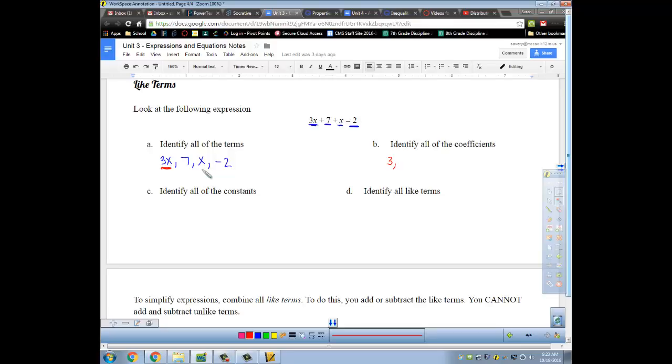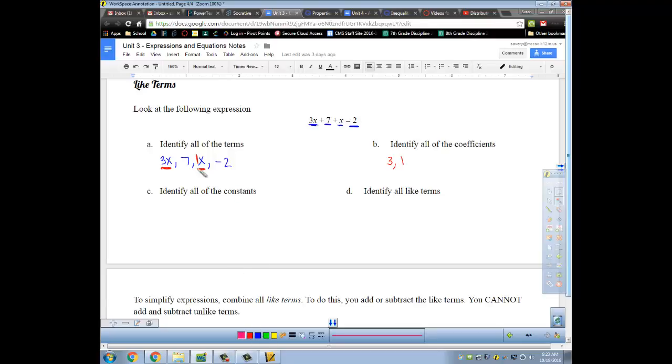And I have a variable right here. Now it looks like there's no number there, but if you have a variable and you don't see a number, there's always an invisible 1. A way to remember that is there is an x there. There is one x, so 1. So you can think of this as 3 x's. This is 1x. So your coefficients are 3 and 1 because those were our only terms that had variables.